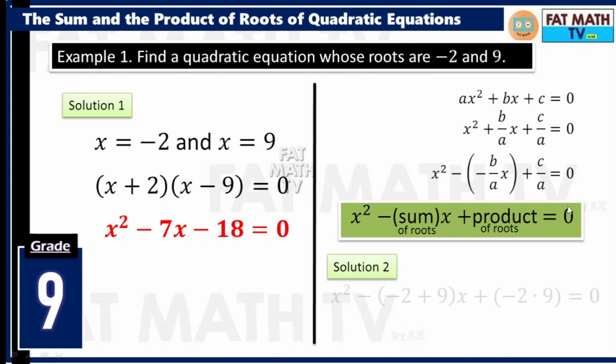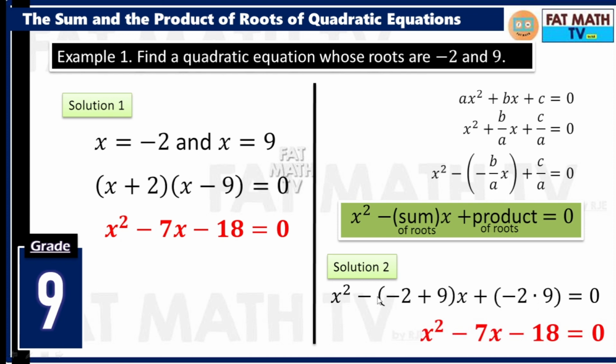If we apply that to this example, we will have x squared minus, what is the sum of the roots? The sum of -2 and 9 is 7. And then you put x plus the product, -2 times 9, equals 0. So -2 plus 9 is 7. So x squared minus 7x minus 18 equals 0.